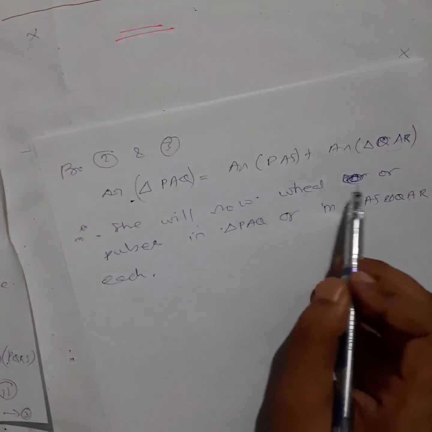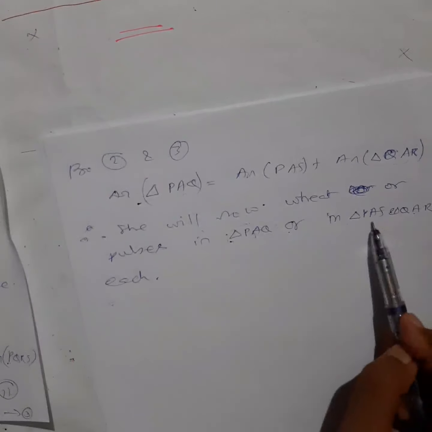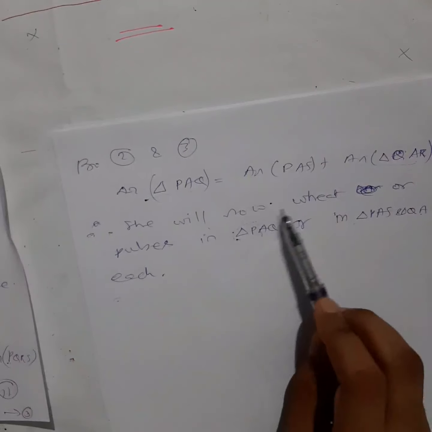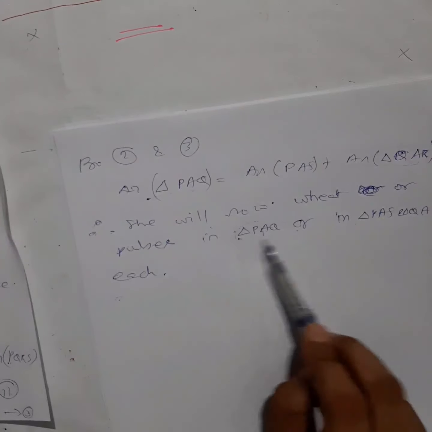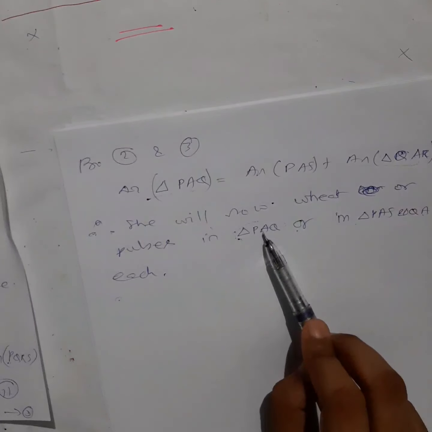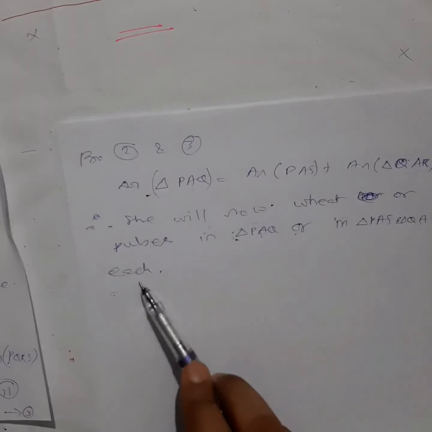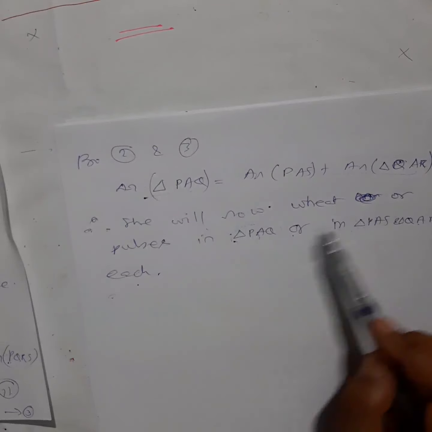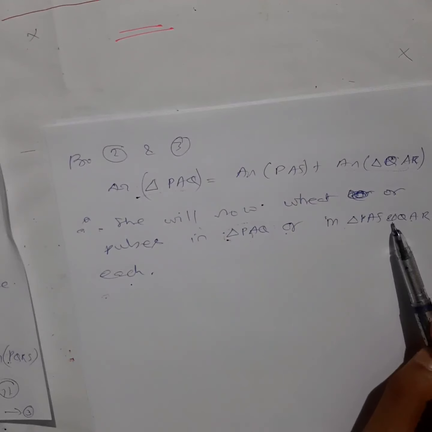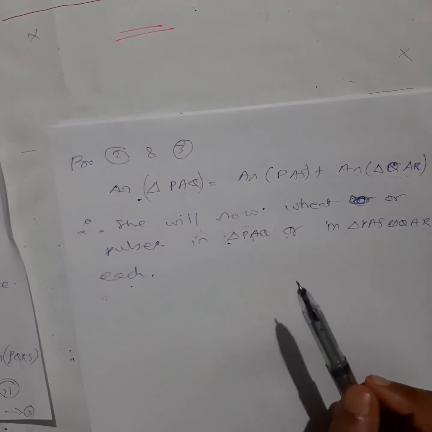Okay, C will show wheat and pulses in this triangle or in both this and this. Wheat or pulses means either she will show wheat here or pulses in this area or in this area. Each I have said means if we show wheat here, then she will show pulses here, or if wheat is shown here, pulses will be shown here.